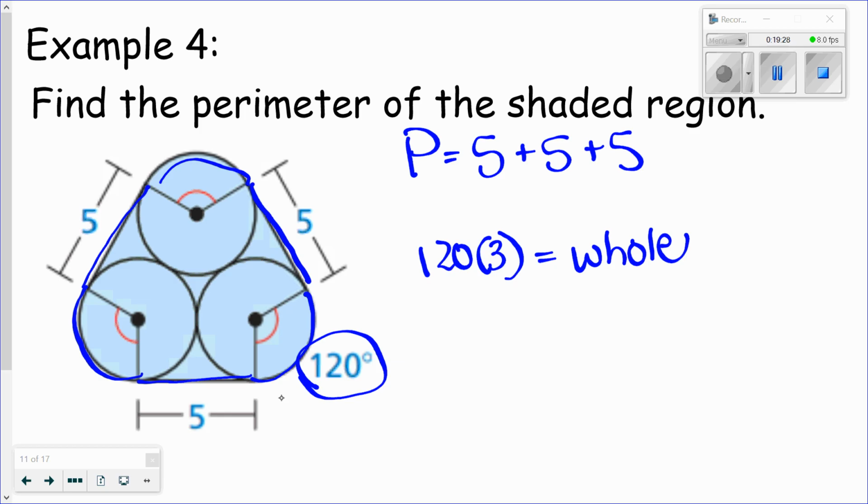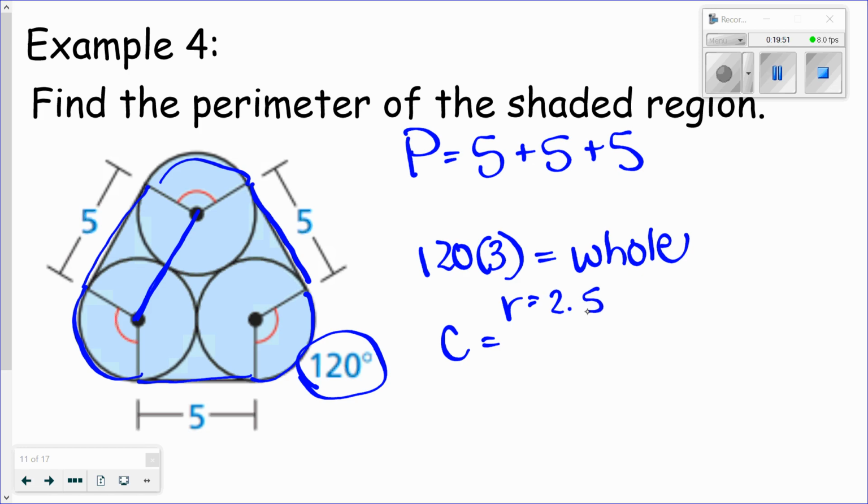So what you're going to do is you want to find the circumference of one whole circle. Okay, so as you are looking at this, if you look at this part here, okay, the radius is 2.5.